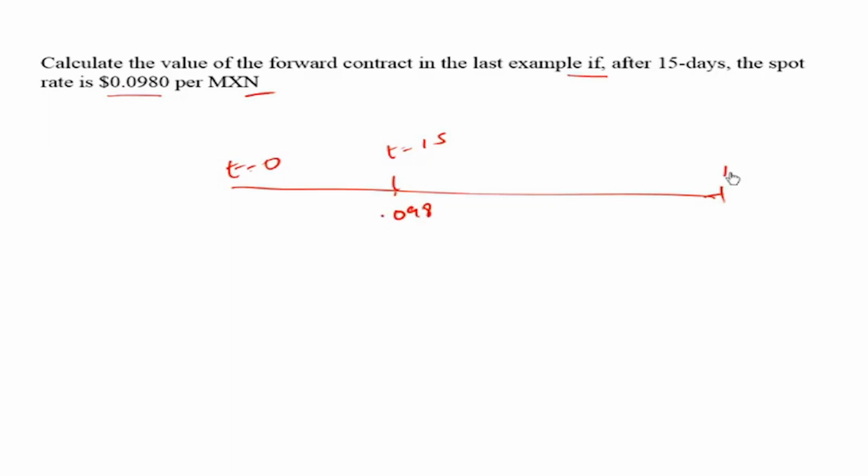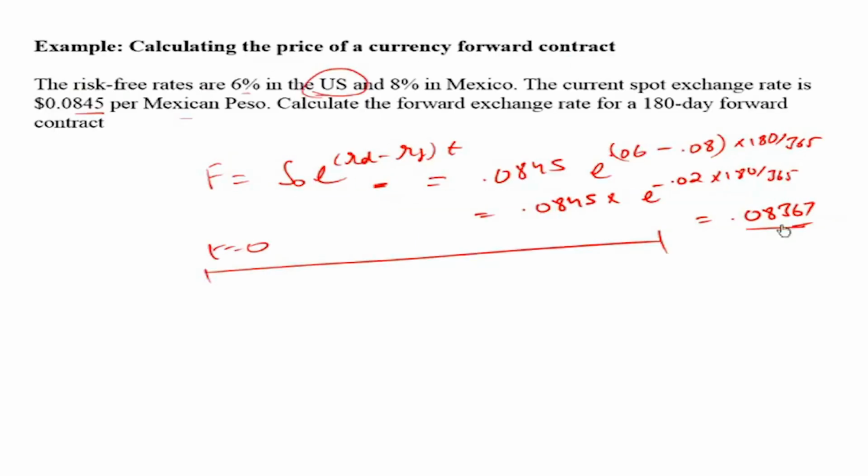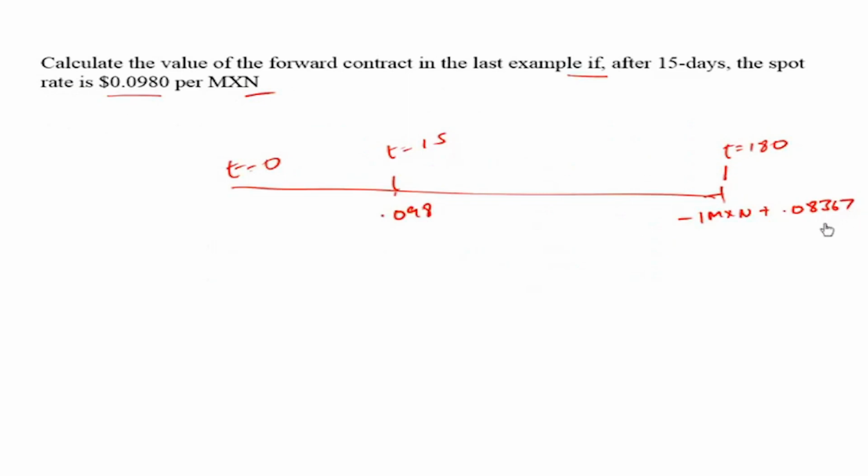He has already entered into a contract whereby at t equal to 180, he will sell 1 Mexican peso and receive $0.0836 US dollars, because that's the rate at which he has contracted. Now 15 days have passed and the Mexican peso has become $0.098 US dollar per Mexican peso, and he wants to extinguish his contract.